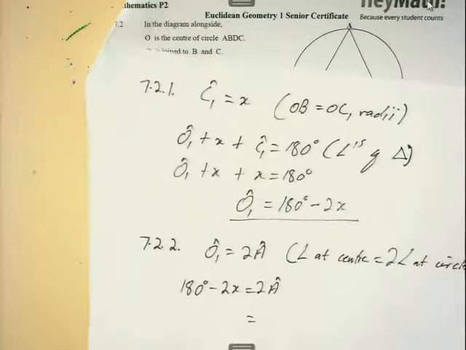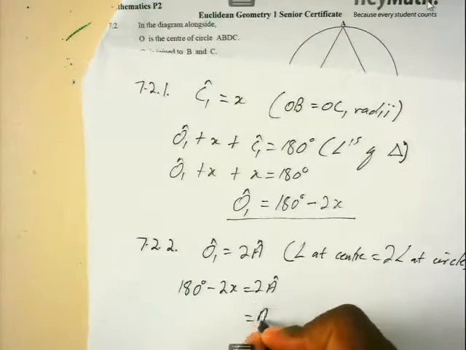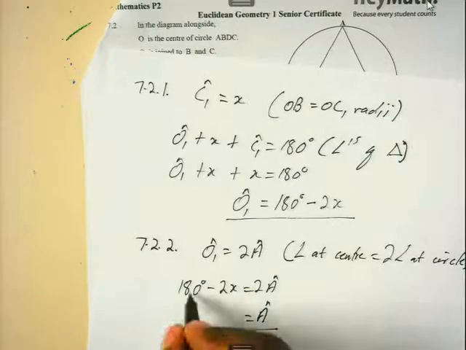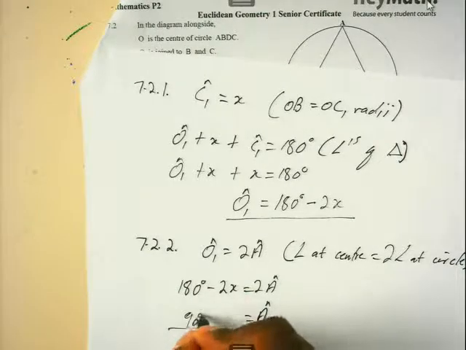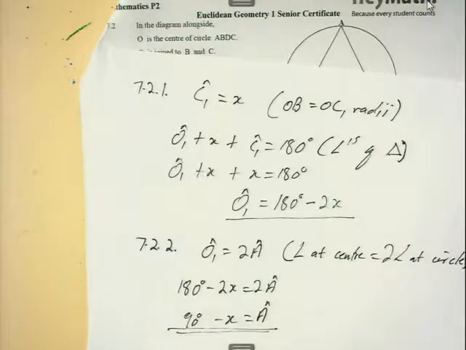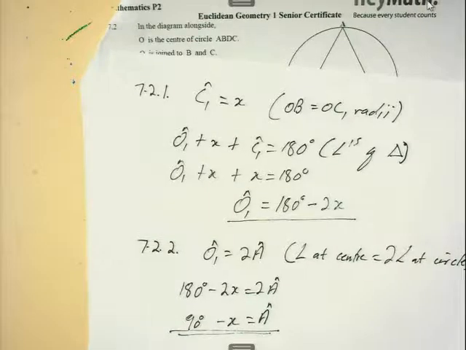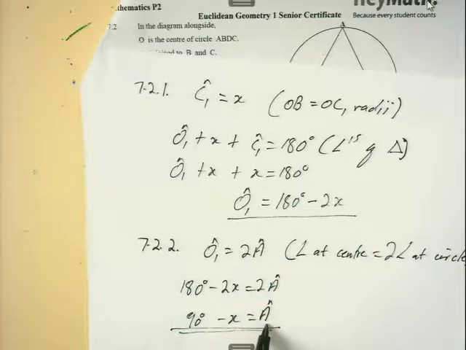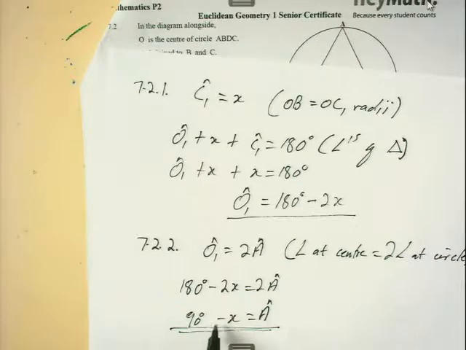Angle A here, 180 divided by 2 is 90 degrees, and 2x divided by 2 is x. Now we've got the value of angle A in terms of x. Therefore, angle A is equal to 90 degrees minus x. That was 7.2.2. I hope you also got it right.